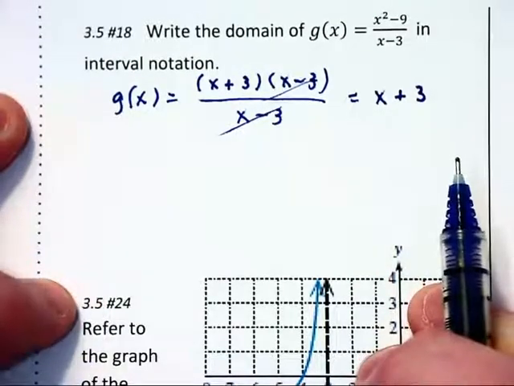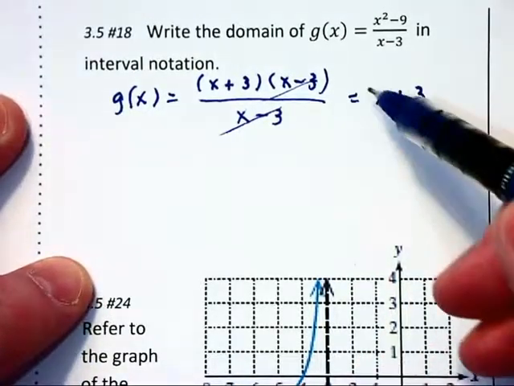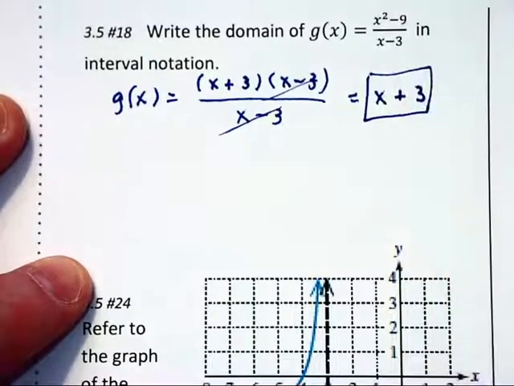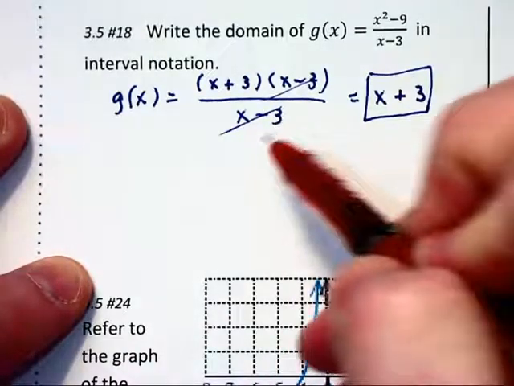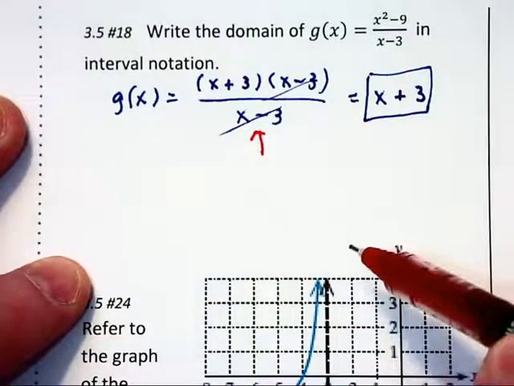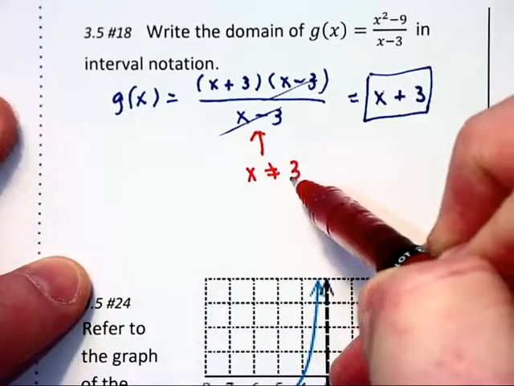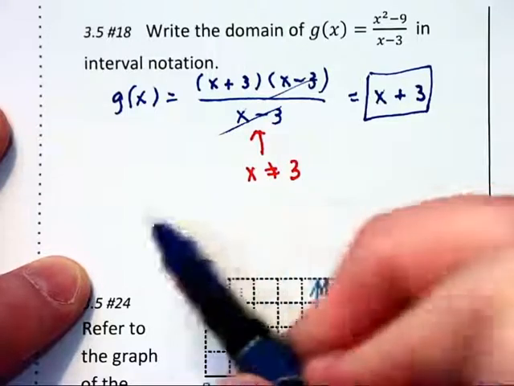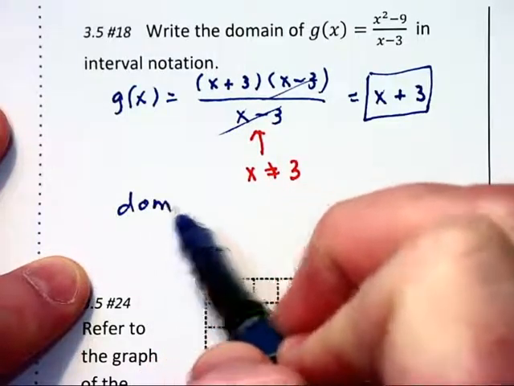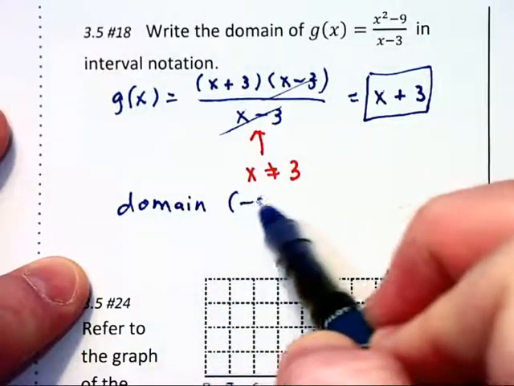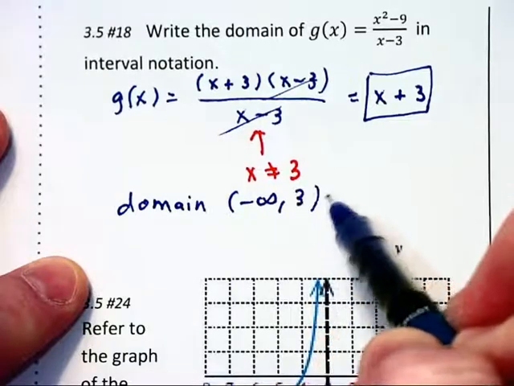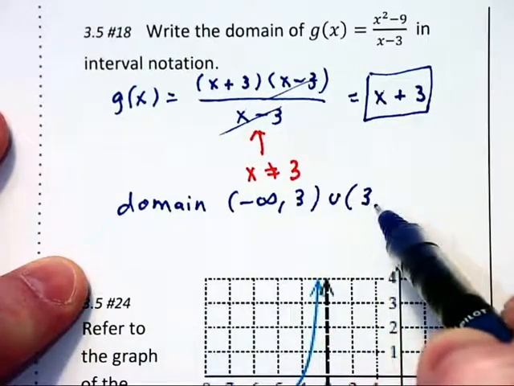If we were looking just at the x plus 3, we would think that the domain is all real numbers. But we have to go back to the original function before the cancellation. Note that x is not equal to 3, and use that to write our domain. So the domain here is from negative infinity up to 3, united with the interval from 3 to infinity.